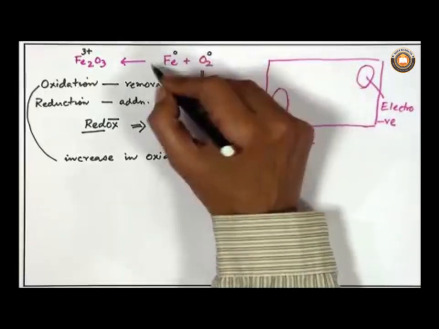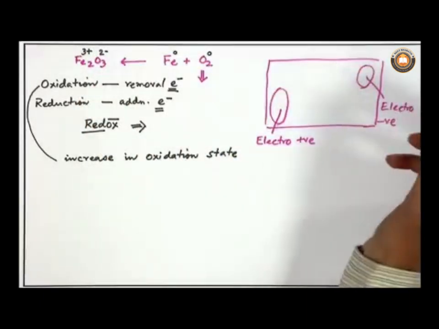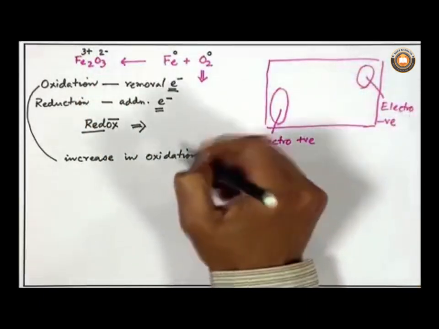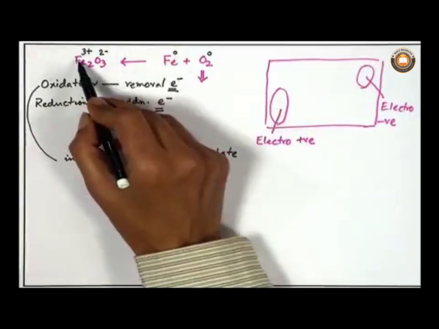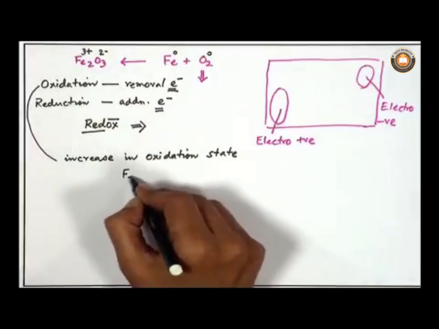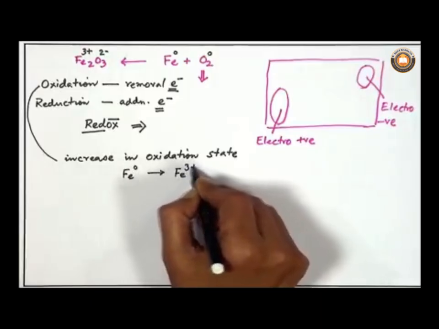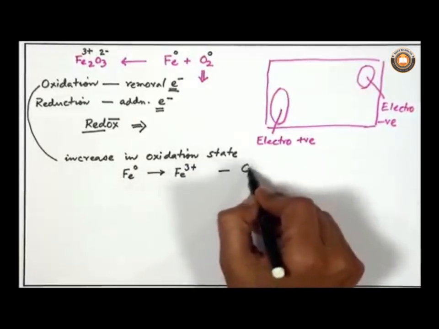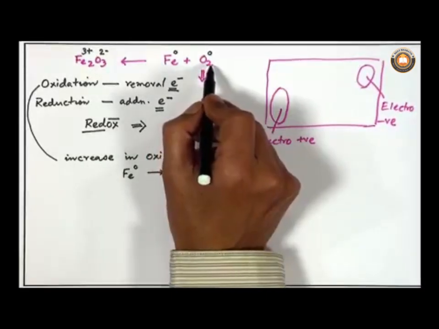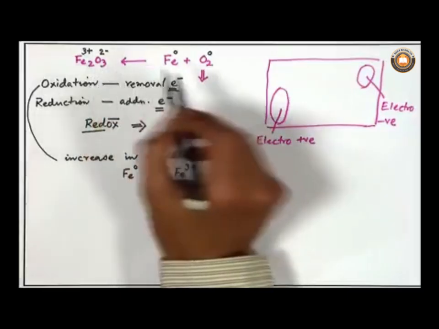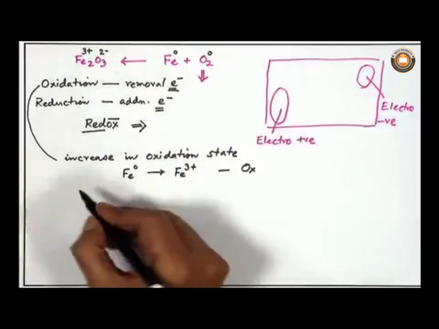So, both of these are in the elemental state, and in this case oxygen has gone to O2 minus. Increase in oxidation state means the oxidation state is changing from Fe 0 to Fe 3 plus, which is the typical oxidation process. And we see that O2 is gaining electron, and gain of electron, in a negative direction, is the decrease in oxidation state.